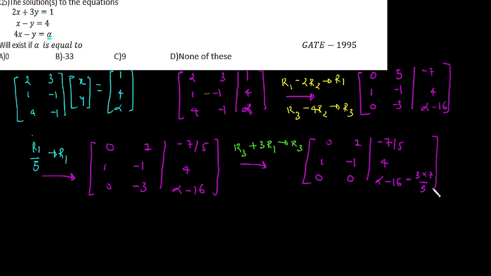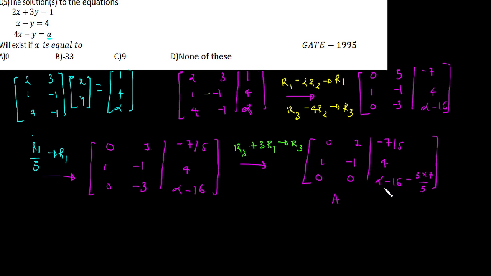Now if we have a solution for this system, then the rank of this matrix, let's call it A, and this whole matrix as an augmented matrix including this part, the rank is the same.